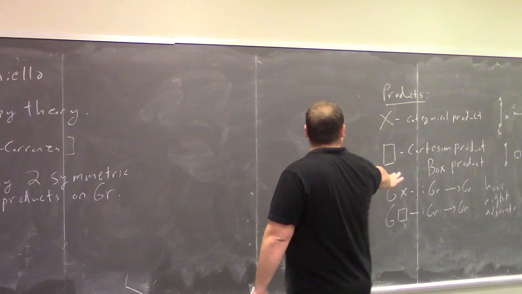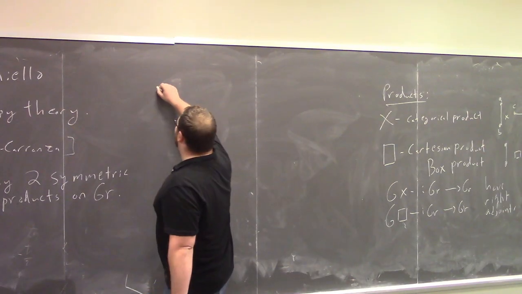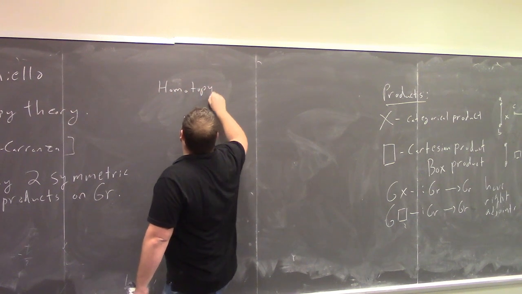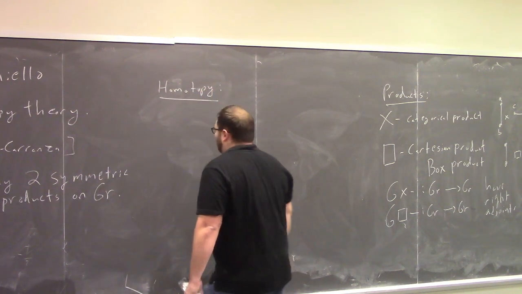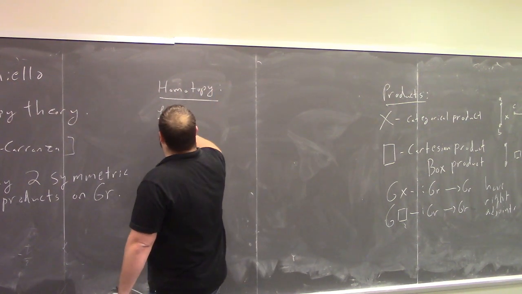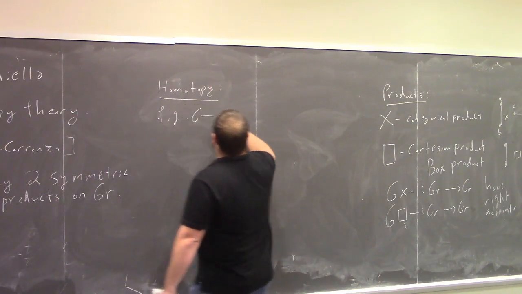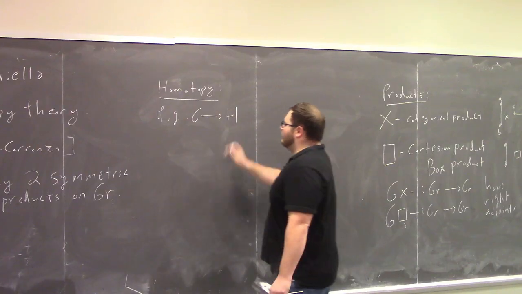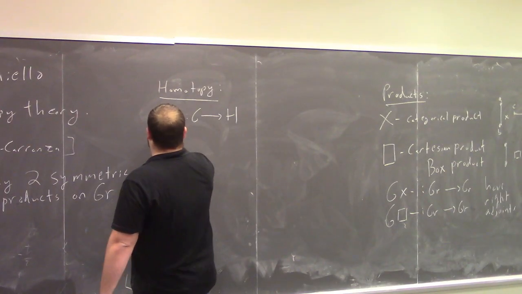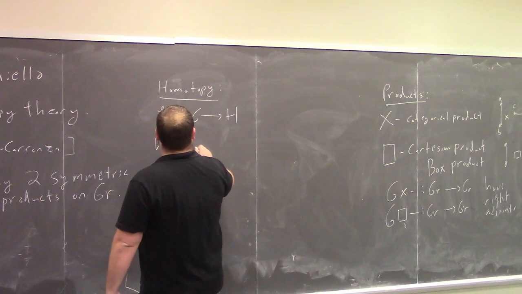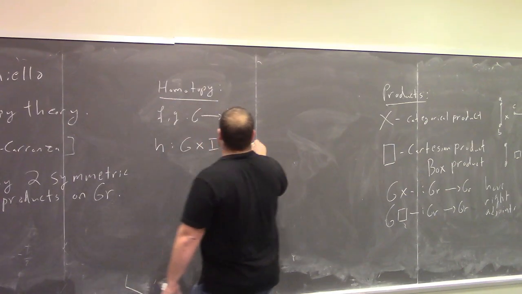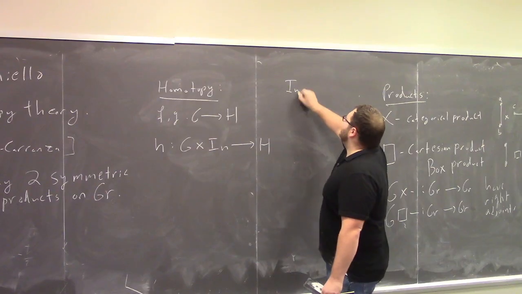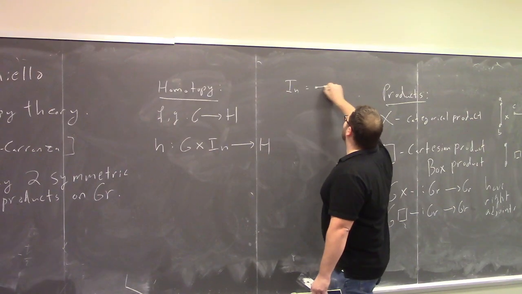So, right, okay, so I have this, and then if I want a notion of homotopy, then suppose I have F and G are two maps of graphs, right? And these can be infinite graphs, but I have two maps. I want a homotopy between them. That's a map like this, where I_n is just the interval graph.